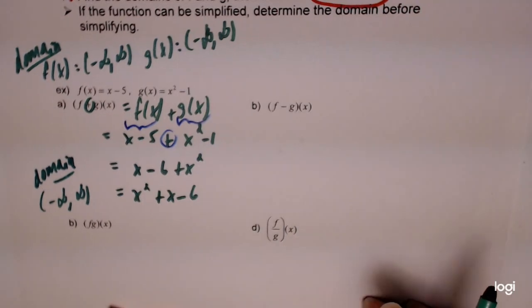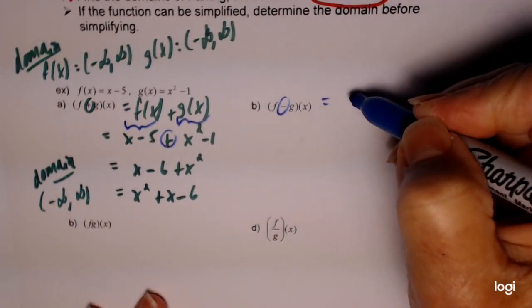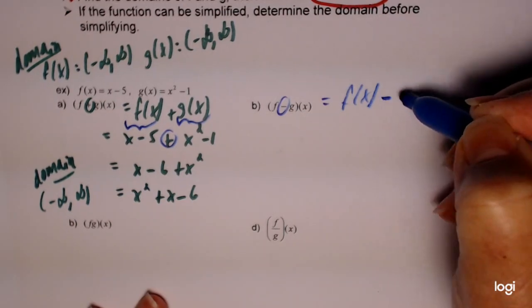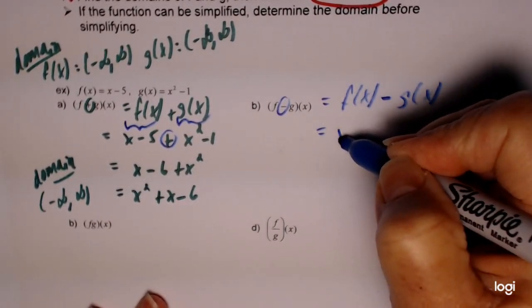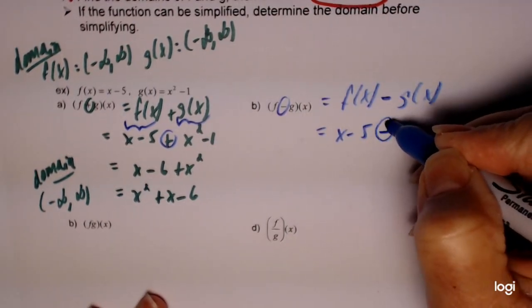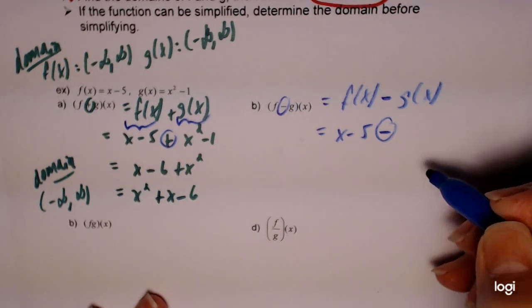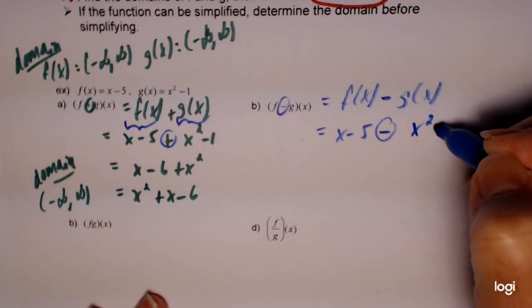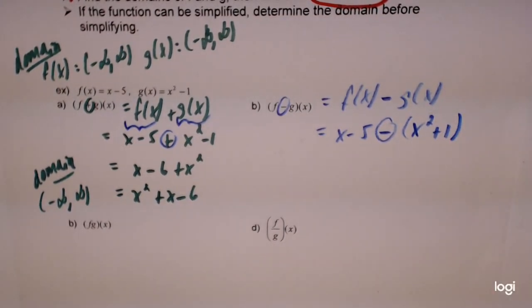Okay. Now, moving on, we have subtraction. This is going to be f of x minus g of x. f of x is x minus 5. Now we have our minus sign, and now our g of x is x squared plus 1. I'm putting my g of x in parentheses.